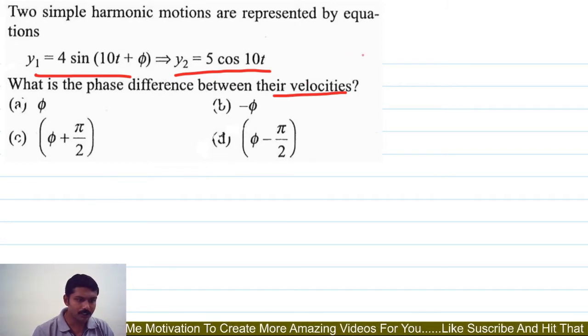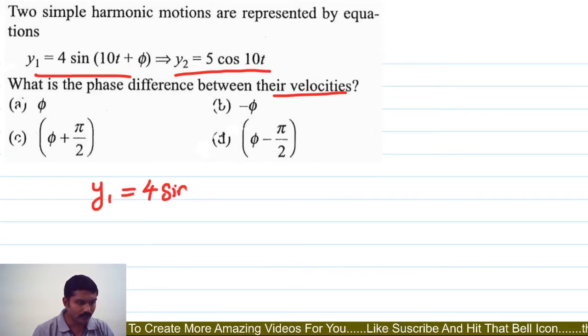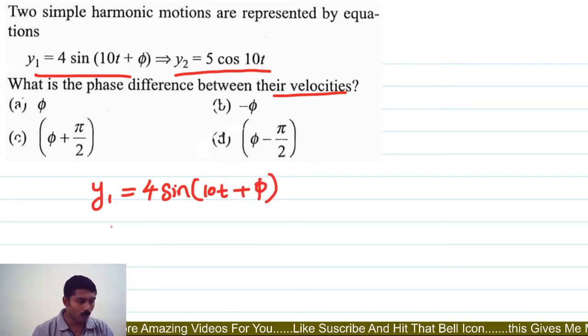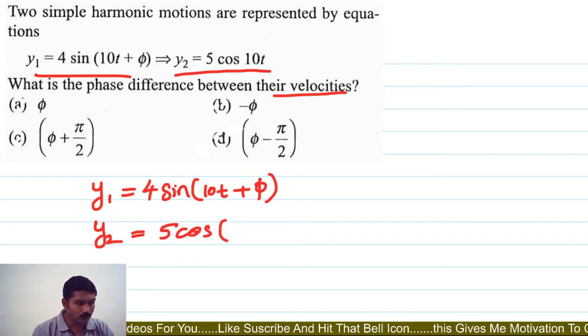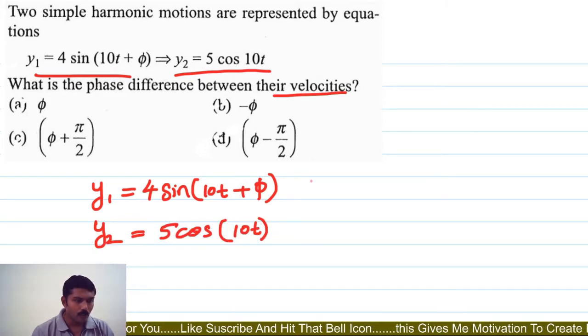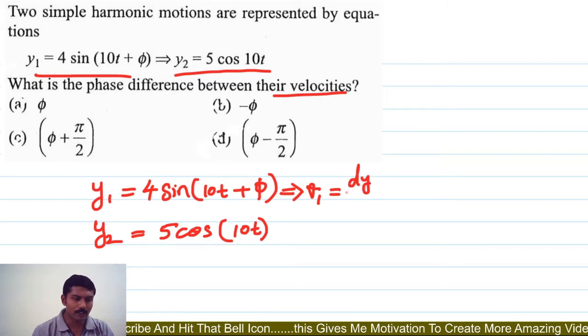The displacement equations are given: Y1 = 4 sin(10t + 5) and Y2 = 5 cos(10t). What will be the velocity values for these? Let's call it V1. We find V1 by differentiating the displacement with respect to time.